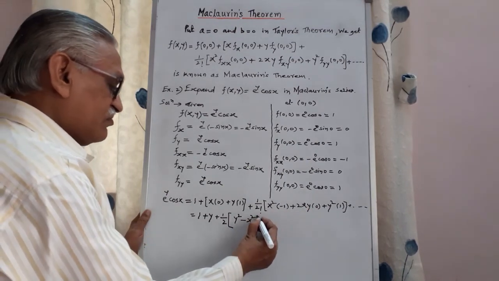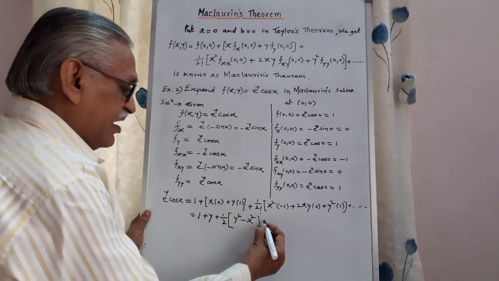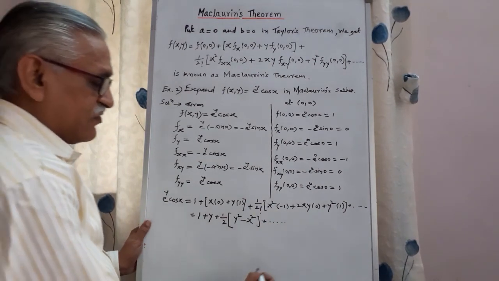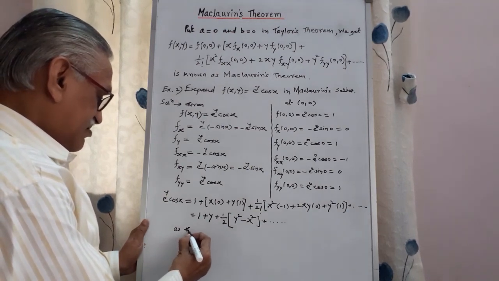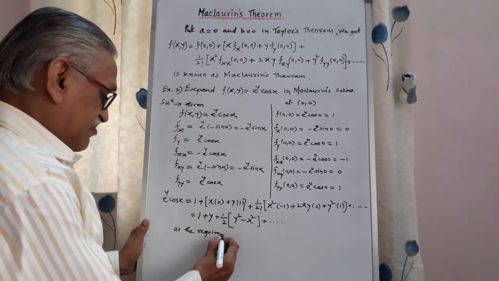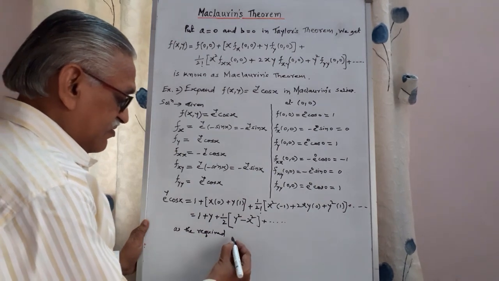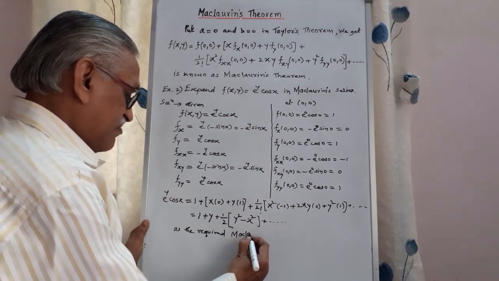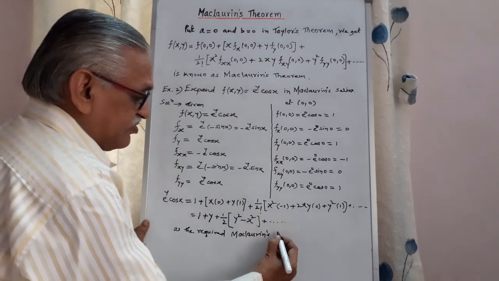This one is 0. And plus so on. This is the required Maclaurin's series.